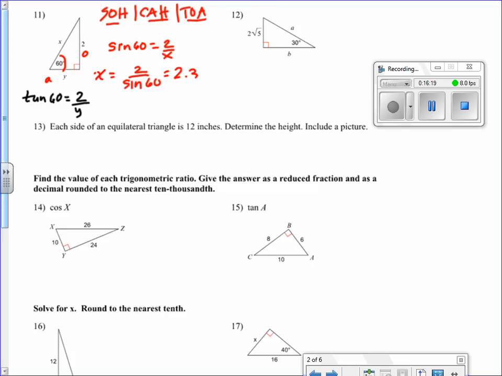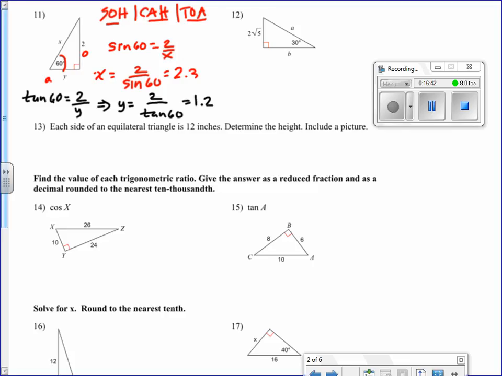Y is on the bottom, same as x on the bottom, and unknown is an unknown. So that means I'm going to divide. So y equals 2 divided by the tangent of 60. And I just type that into my calculator. And I get 2 radical 3 over 3. I'm going to convert it to a decimal, and I get 1.2.